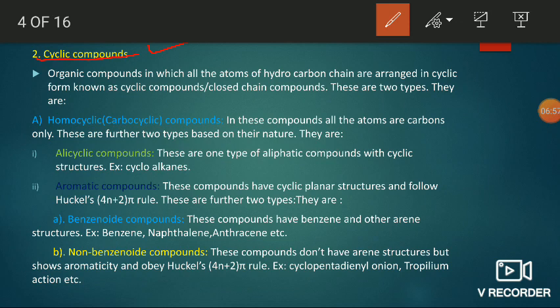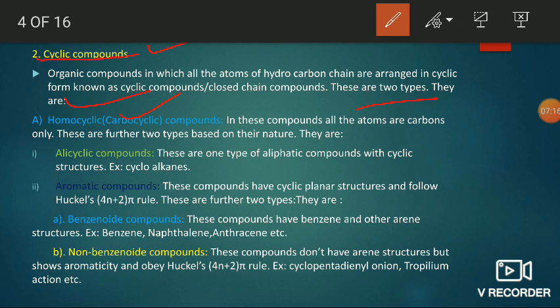These cyclic compounds are further classified into two types. The first one is homocyclic compounds, also known as carbocyclic compounds.